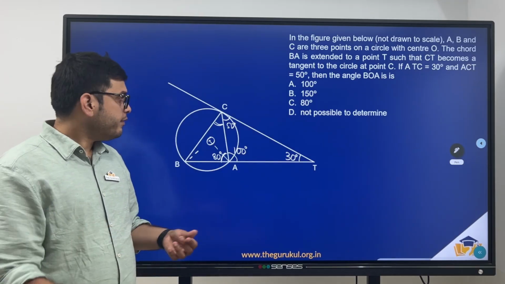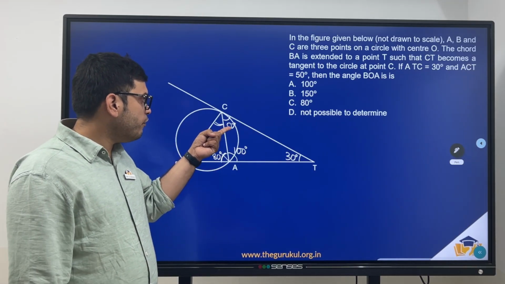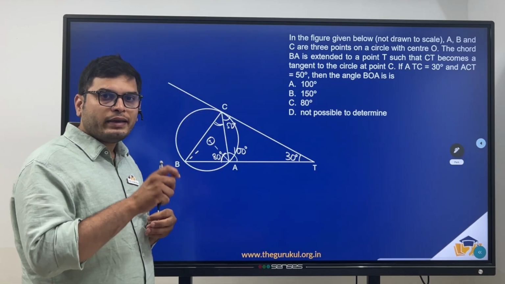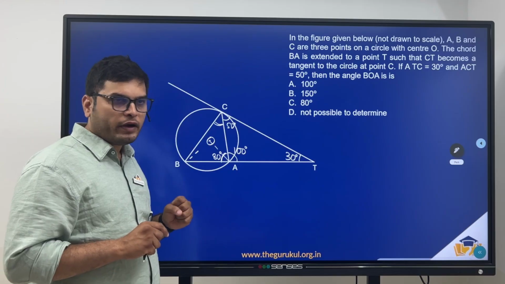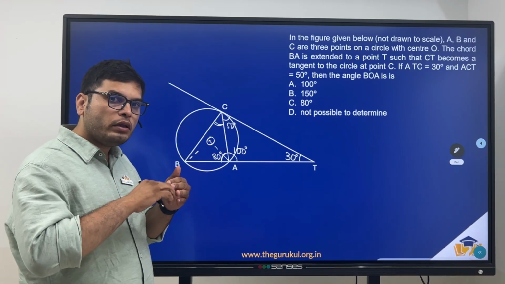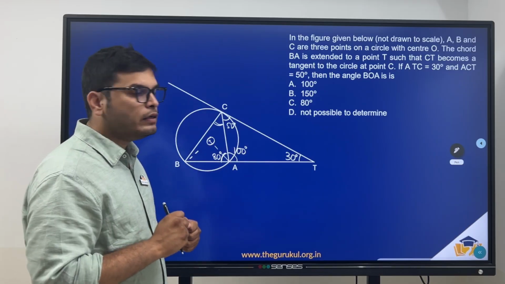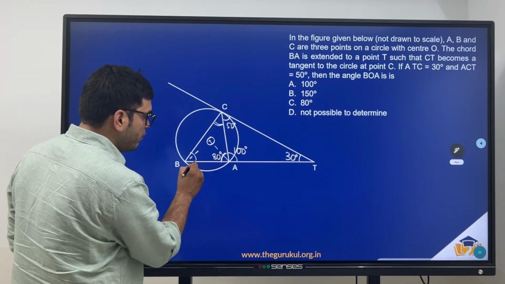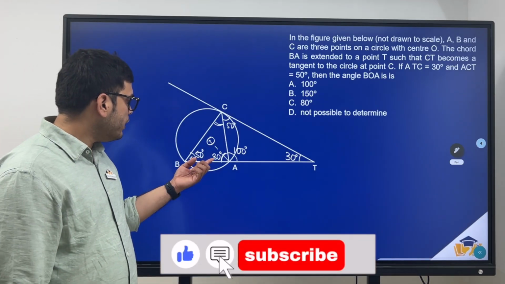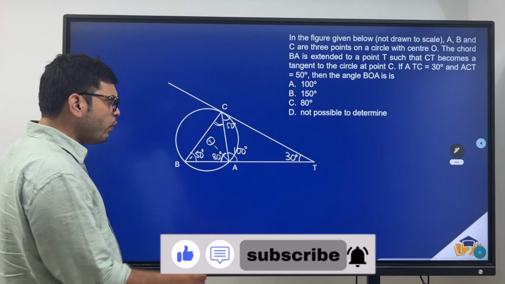Now using the alternate segment theorem, if this is 50 degrees, so at point C, the angle made by chord AC and the tangent at that point is 50 degrees, that will be equal to the angle subtended by the same chord in the alternate segment of the circle. So if this is 50 degrees, this will be 50 degrees, right? So 80 plus 50, 130.